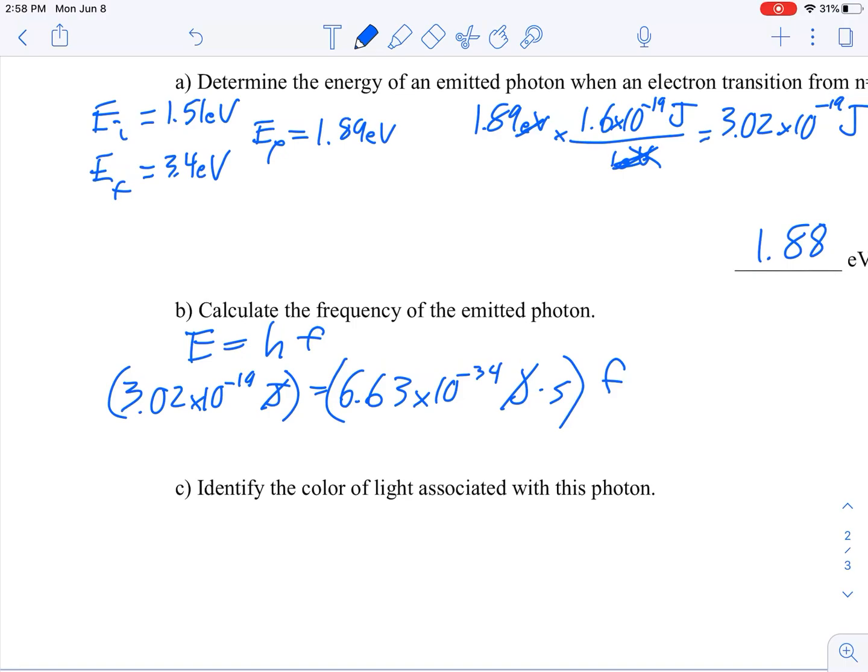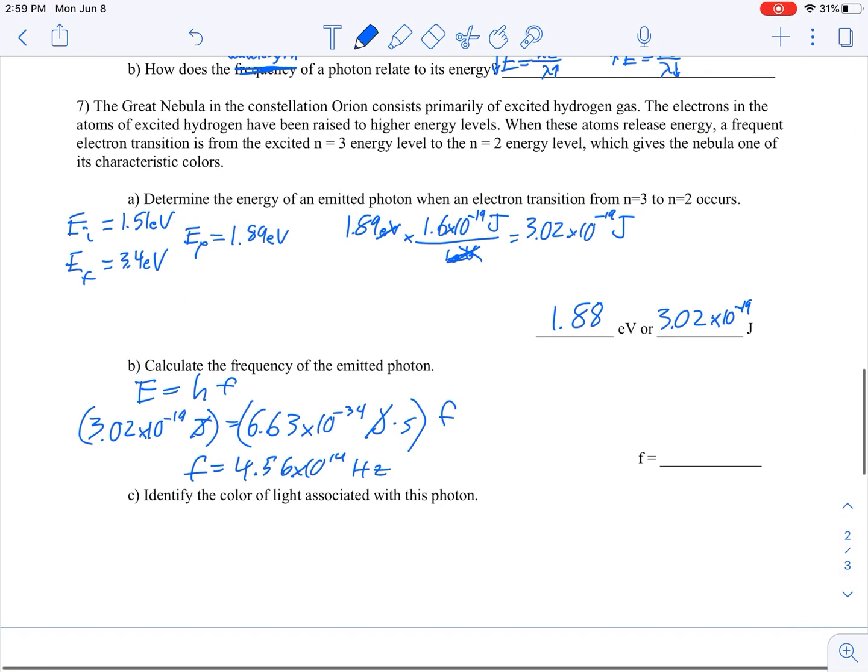Give me 1 sec. E negative 19 divided by 6.63 E negative 34. There we go, that's a little better. I'm getting a frequency equal to 4.56 times 10 to the 14. All right, that's my frequency.